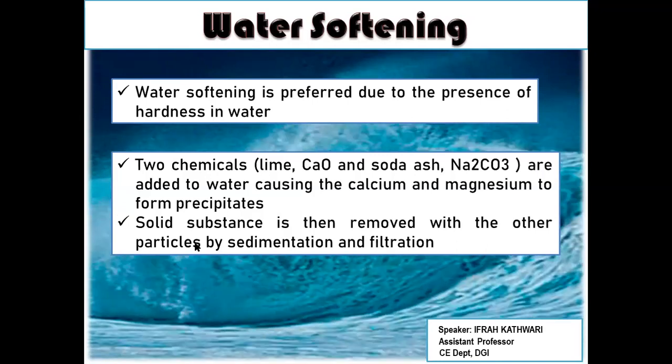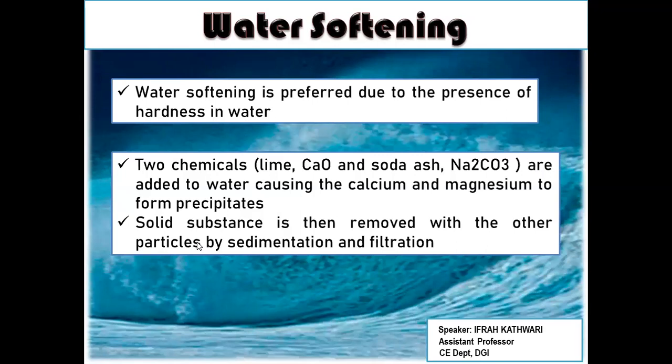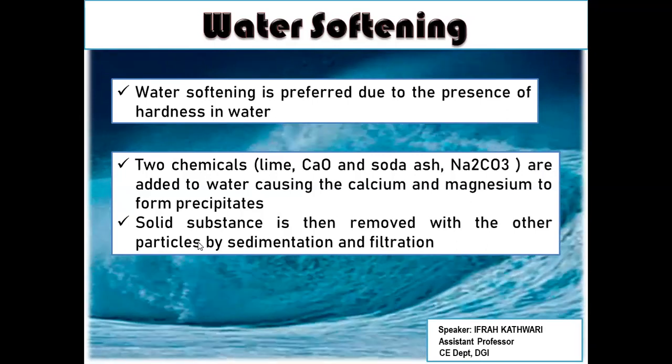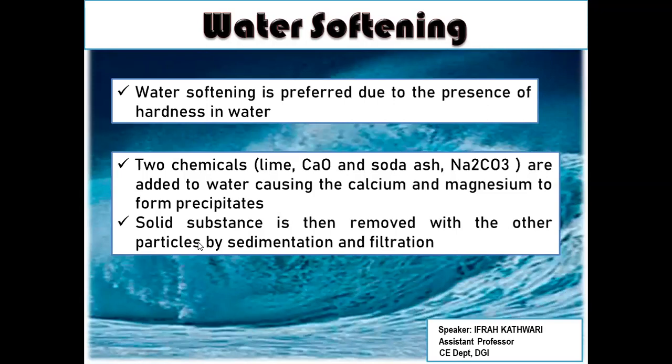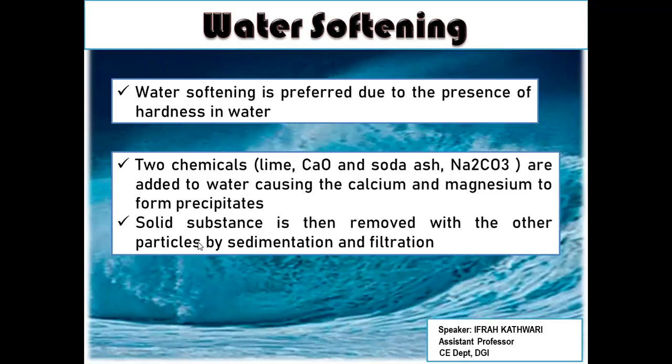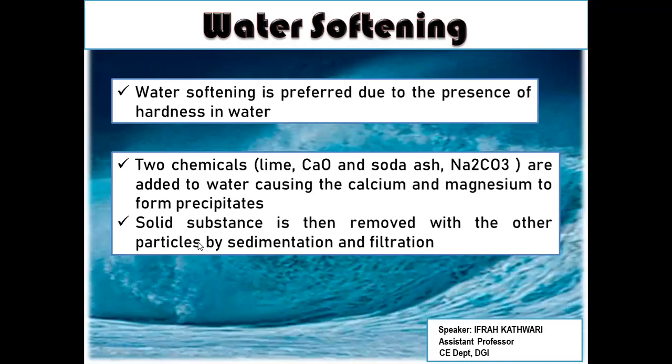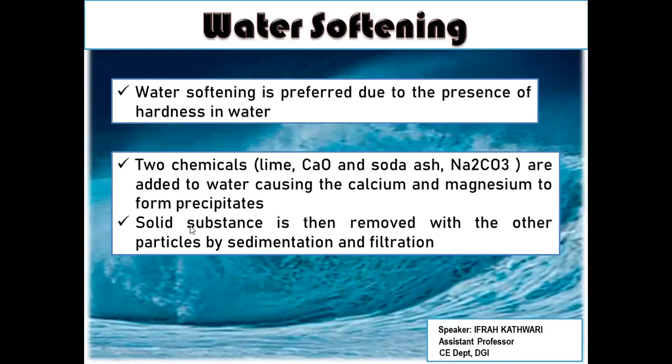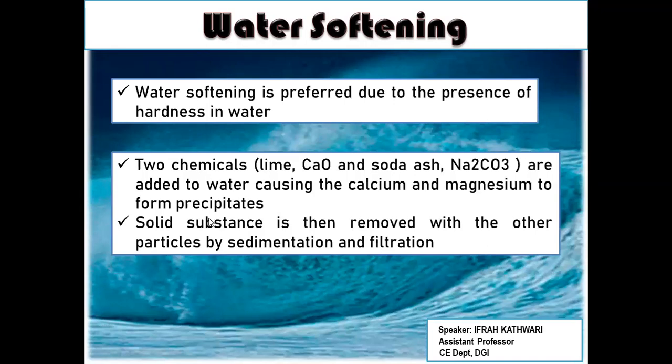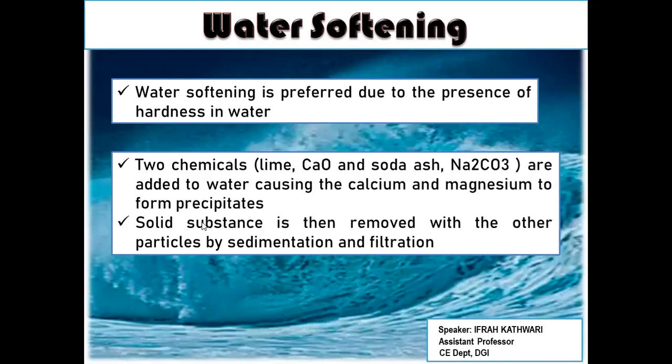The solid residue that comes up due to the formation of precipitates like calcium and magnesium is removed with other particles, by filtration or sedimentation. So water softening is only meant for removing the hardness of water.